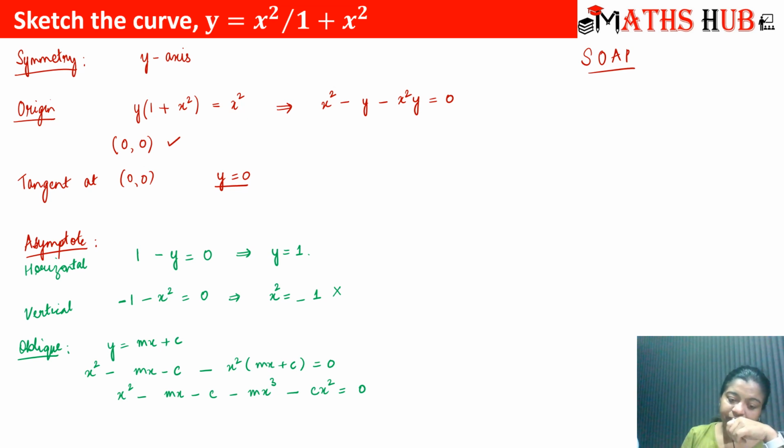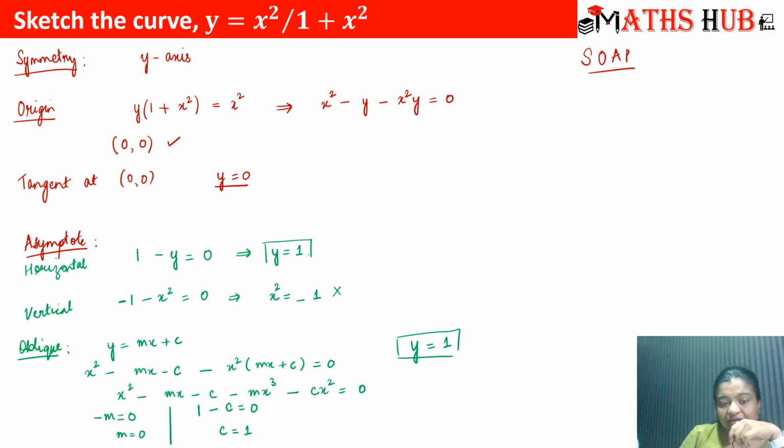From here, when we equate the highest coefficient of x, we get minus m is equal to 0. And when we equate the second highest coefficient of x, we get 1 minus c is equal to 0. So c is equal to 1 and m is equal to 0. So the oblique asymptote will be y is equal to 1, right? That is the same as the horizontal asymptote that we are getting, y is equal to 1, right?